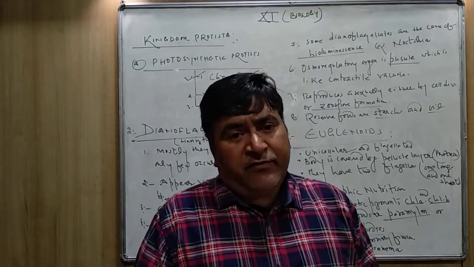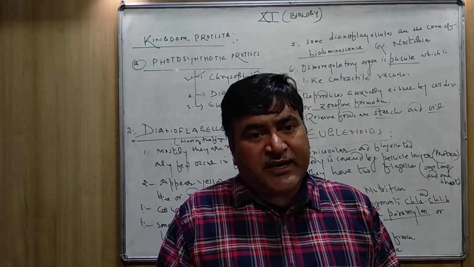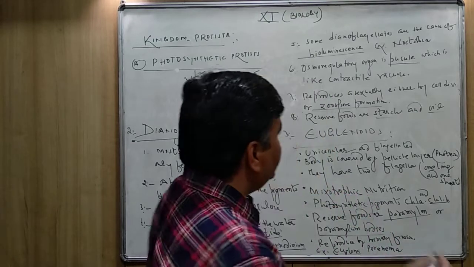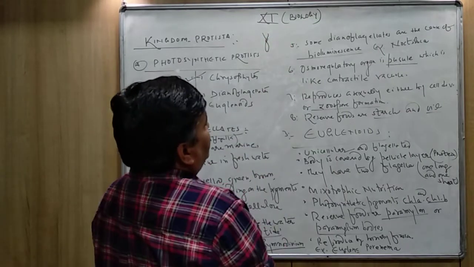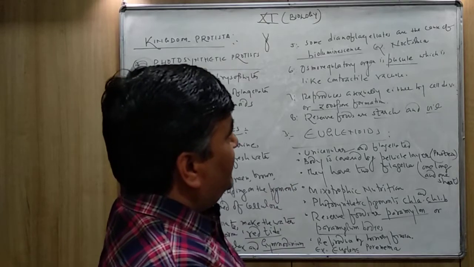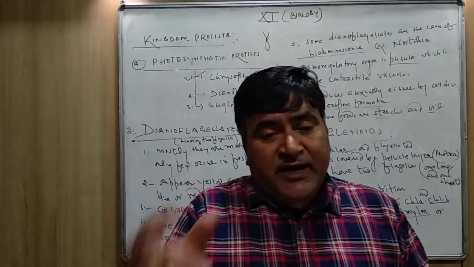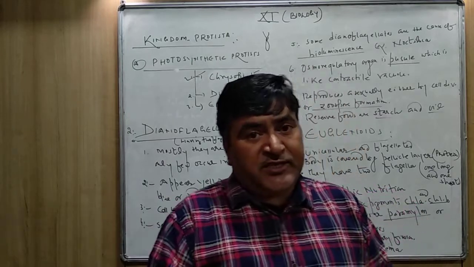But some of the dinoflagellates also form zoospores inside the cell. As you know, the zoospore is a motile spore. It has two flagella. The zoospores are formed inside the mother body, and that mother body is called the zoosporangium.